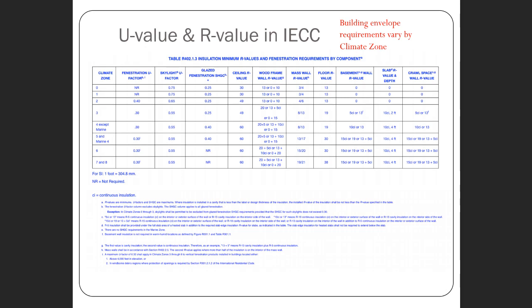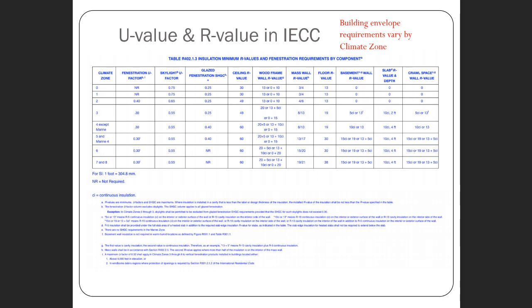So this is saying that to meet the building code minimums for insulation, we either have to have 20 plus 5 or 13 plus 10. What that means is if we're doing a stud wall, we either have to now do a 2x6 stud wall with R20 insulation and R5 of continuous insulated sheathing on the outside, or if we're going to do a 2x4 stud wall that gets R13 insulation, we need roughly 2 inches of insulated sheathing, right?